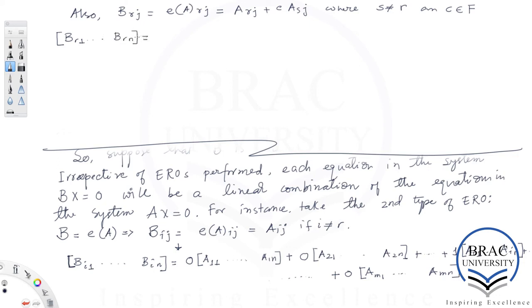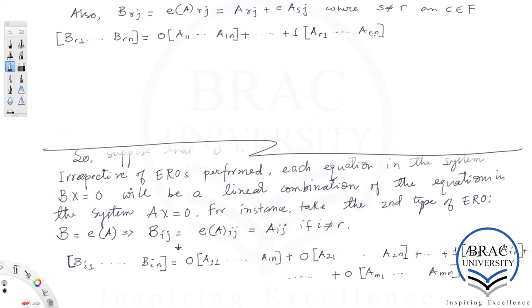This is equal to 0 times the first row, A11 all the way up to A1n, then 1 times the one from the field F, 1 times the rth row, Ar1 all the way up to Arn.